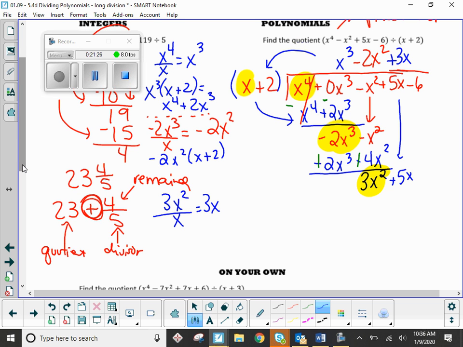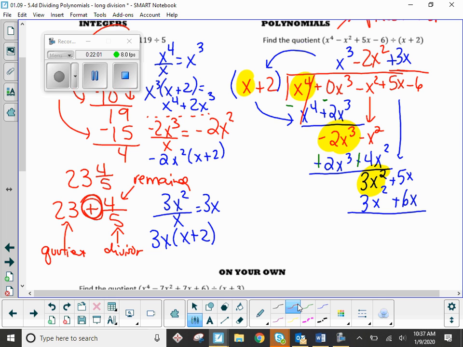And I'm going to take that positive 3x now, multiply it by the x plus 2. Three x times x, good. 3x squared. 3x times 2. What am I subtracting next?